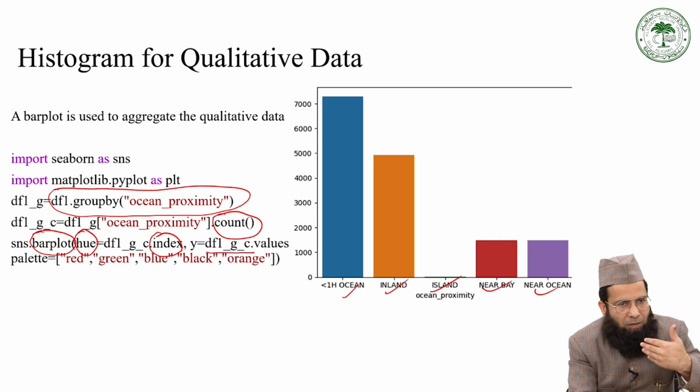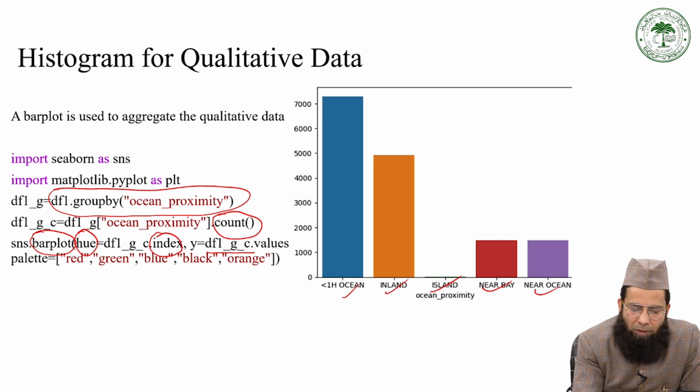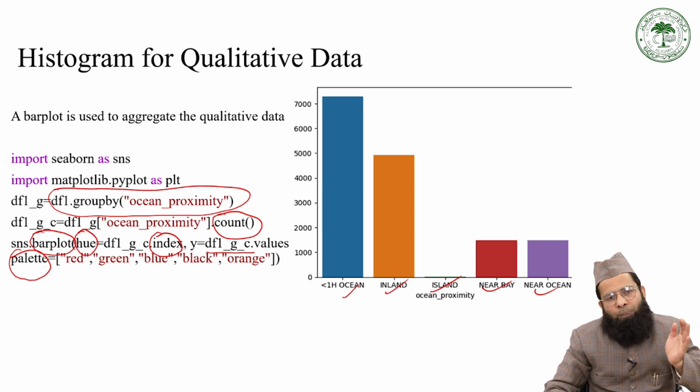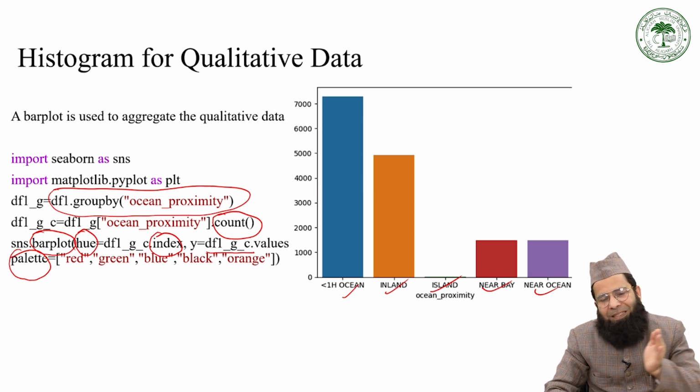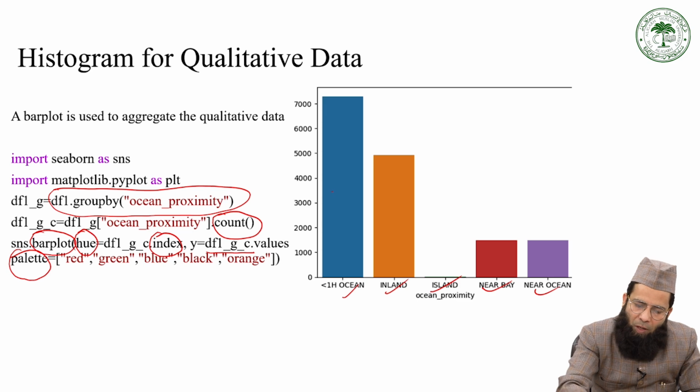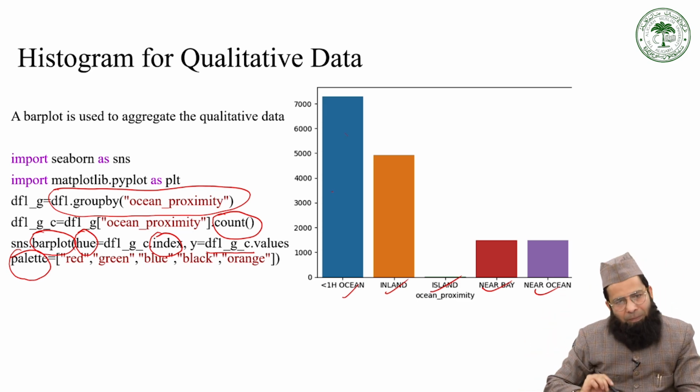Values means the count. And I'm using one more parameter, that is palette. Palette is used to give different colors to individual bars, right? So if you are not mentioning the palette, all the bars would be in a single color, right?